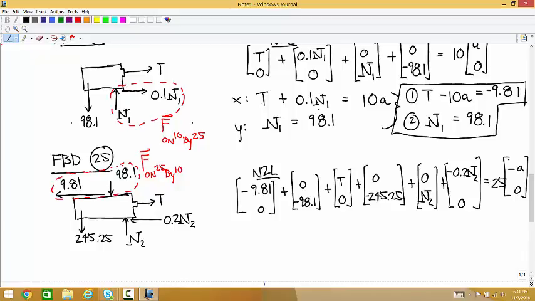We're trying to calculate the acceleration. So let's see. The y equation says negative 98.1 minus 245.25 plus n2 is equal to 0. So n2 is 343.35.